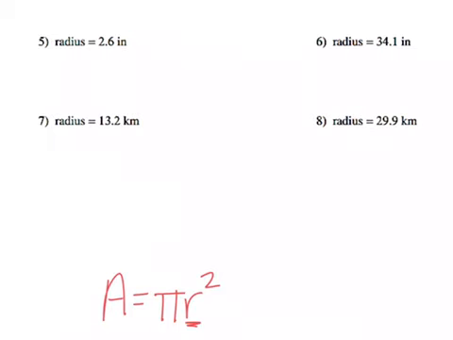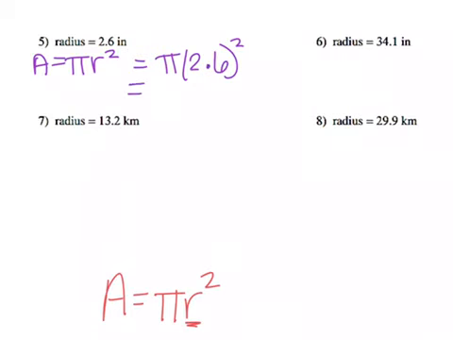So in this first example on number 5, I'm going to plug in 3.14 times 2.6 squared. In your calculator, that's 2.6 times itself. So 2.6 squared is 6.76, and then we're going to multiply it by 3.14.